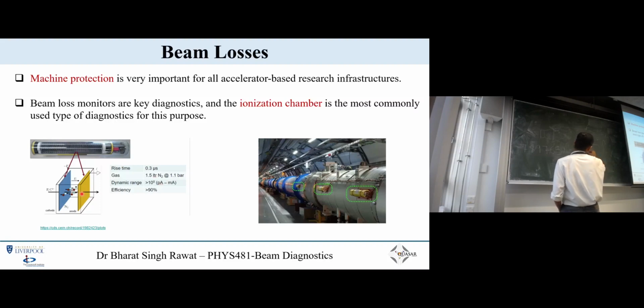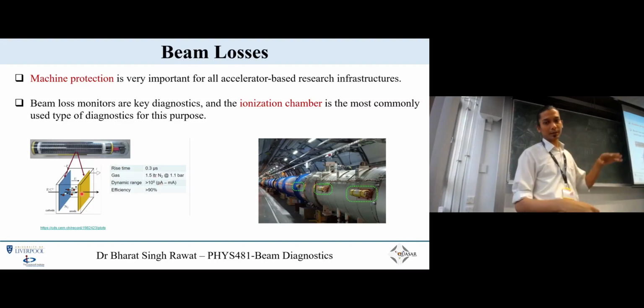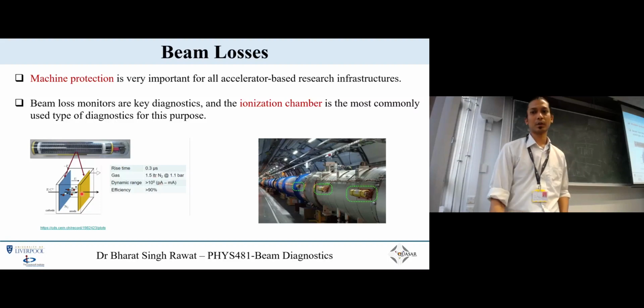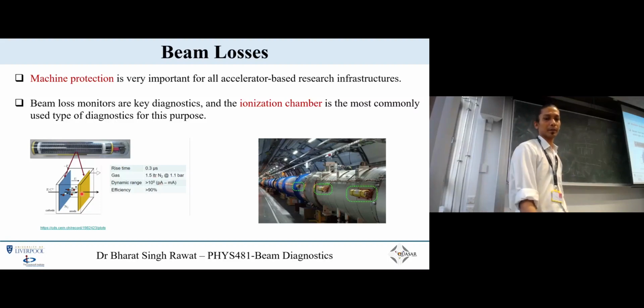These will move in opposite directions. Ions will move towards the cathode, electrons towards the anode, and this will create a current in the external circuit. Then you measure the current, and based on the calibration that you use, you can tell the kind of particles that you have detected, their properties, and all of that.